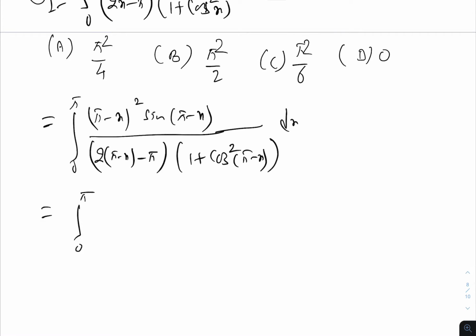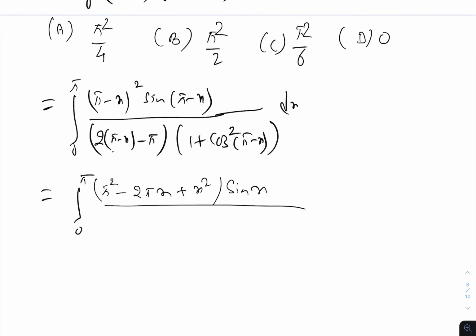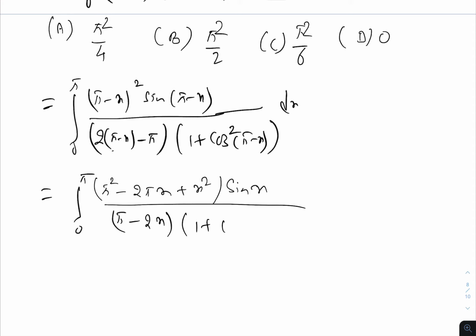And now let us see 0 to pi. This is (pi minus x) square, so can I write pi square minus 2 pi x plus x square. Sine(pi minus x) is sine x, and this is 2 pi minus pi, so this is pi minus 2x. 1 plus, no change here because cosine(pi minus x) is minus cosine x, but the square is there. So 1 plus cosine square x dx.